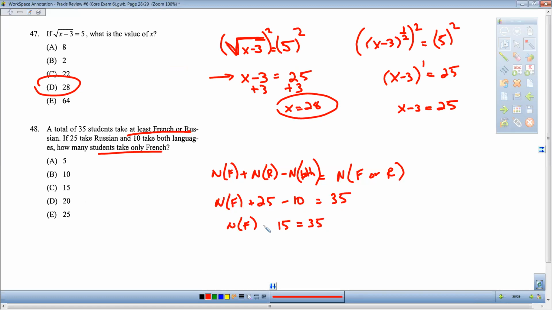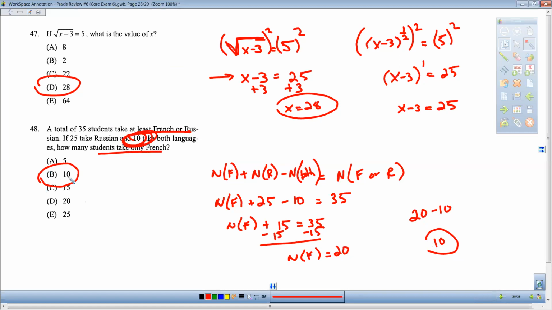Number taking French only, so I'm going to subtract 15, and that's going to give me the number taking French would be 20, but I have to remember that there's 10 taking both languages. So I'm going to do 20 take away 10, and that's going to give me only 10 students taking French.